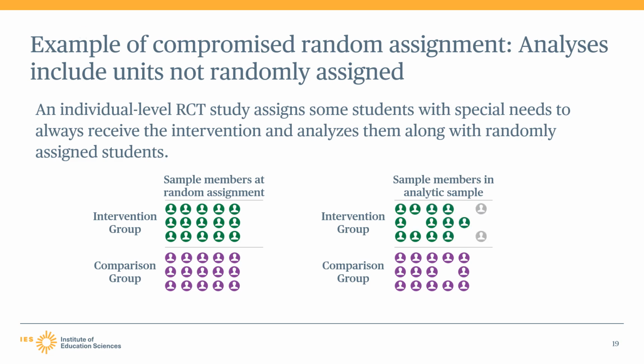If the study examining the impact of that intervention included these 3 students in the analytic sample as intervention group participants, then this would be a compromised RCT because those 3 students are included in the analytic sample, but they were not subject to random assignment to conditions. The researchers would need to exclude these students from the impact analyses in order to preserve the integrity of the random assignment process.